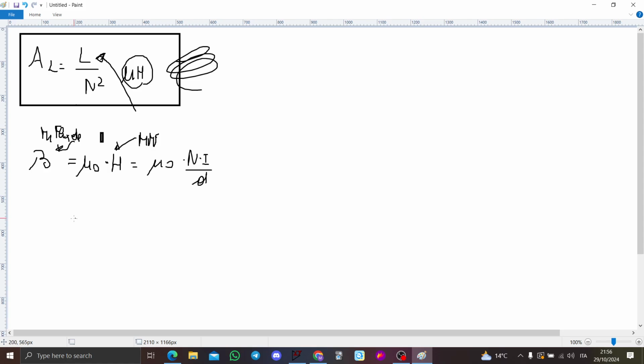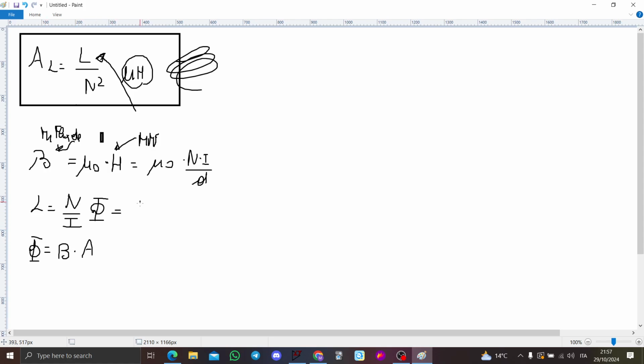Okay. Now, by definition, the inductance is the number of turns over I, the current flowing into it, times the flux. The flux itself is equal to the flux density B times A. Of course, because B is the flux density; if you multiply a density times the area, you obtain the flux itself.